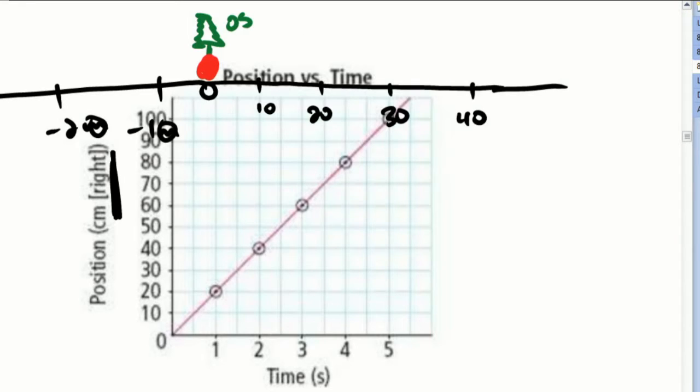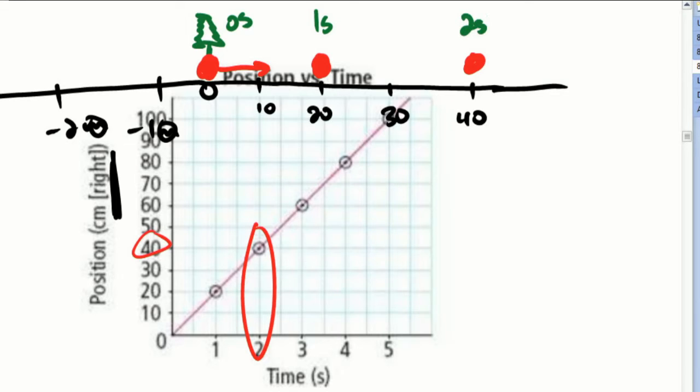So my red ball is here, and again, that's at 1 second. It's 20 meters to the right. And then the next one, so my ball rolled to the right a little bit. The next one's here. At 2 seconds, my object is 40 meters to the right. So this is 2 seconds.